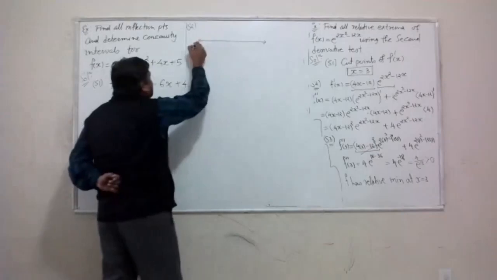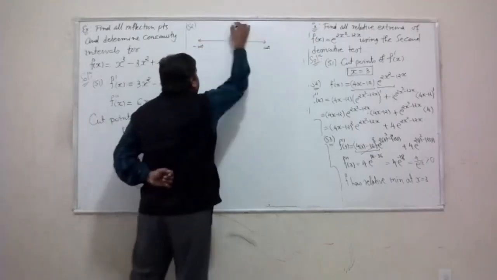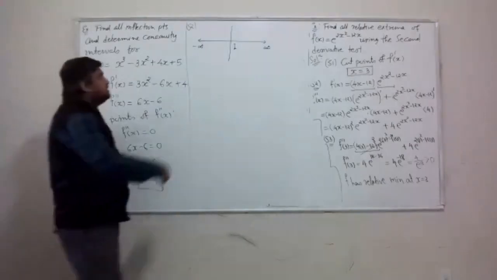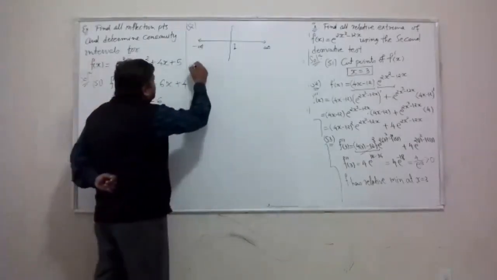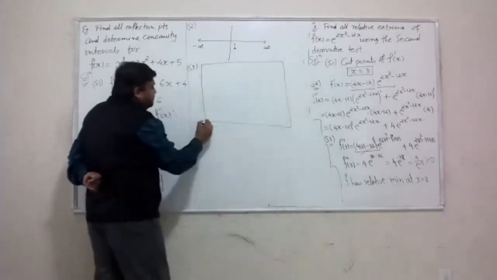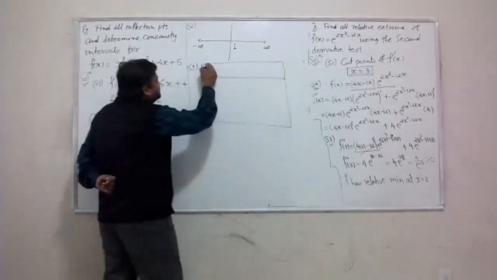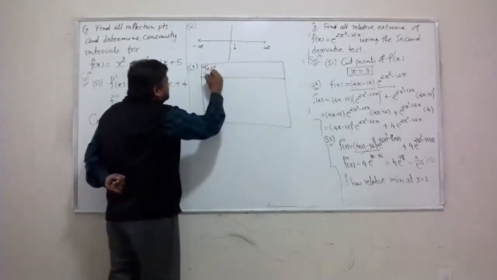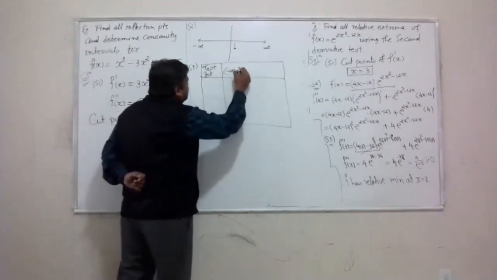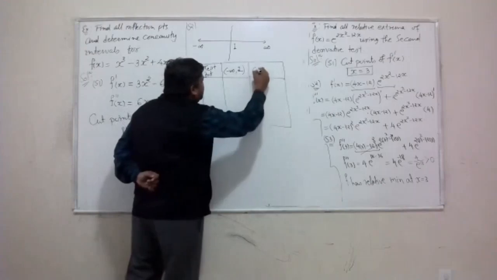So here is the second step. I'm going to puncture the number line by the cut point of the second derivative. Two subintervals I got. I'm going to create the table with 4 rows, right? Test intervals in the first row: negative infinity to 1, and then 1 to infinity.